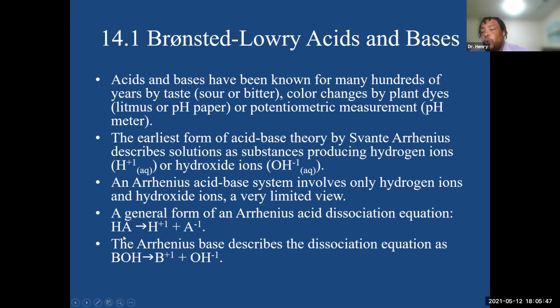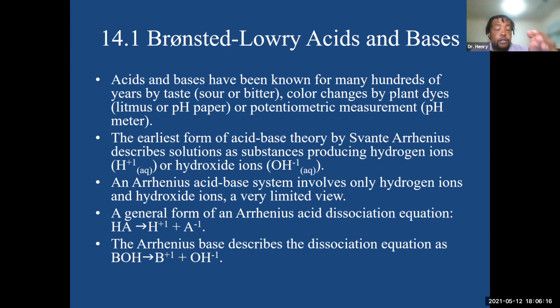He came up with the equation HA, where H represents the hydrogen ion and A represents a polyatomic anion, or an anion. When you get the separation, you get your hydrogen ion and your polyatomic ion or anion.